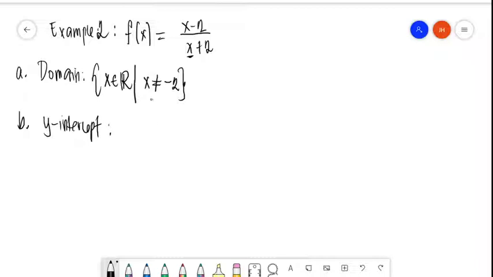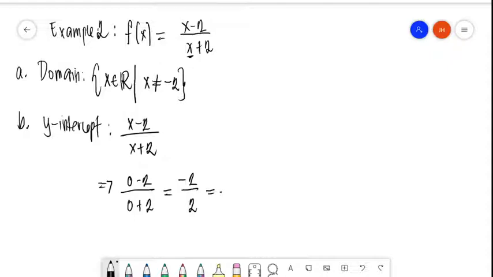So we have x minus 2 over x plus 2, so it will become 0 minus 2 over 0 plus 2. Okay, so this x, we substitute it by 0. So we have now negative 2 over 2. Negative 2 divided by 2 is negative 1. So that is our y-intercept.